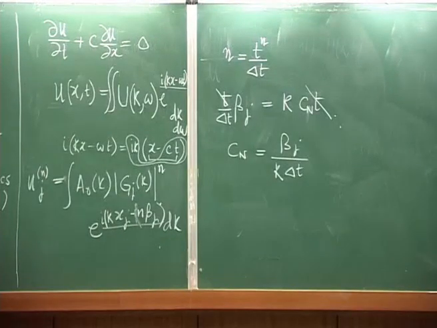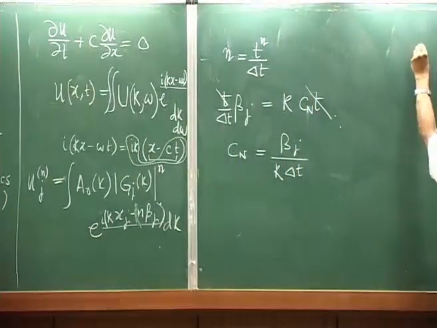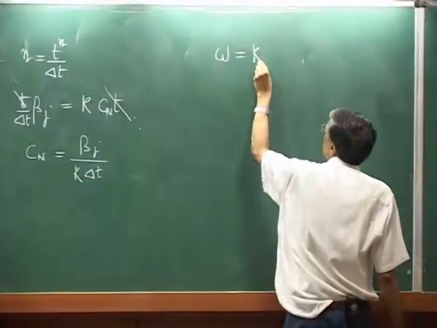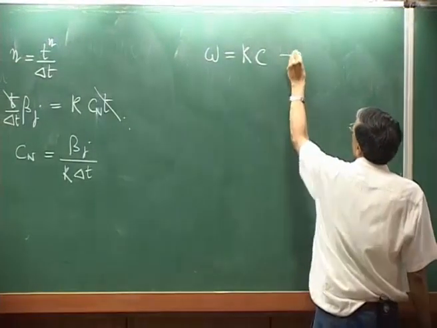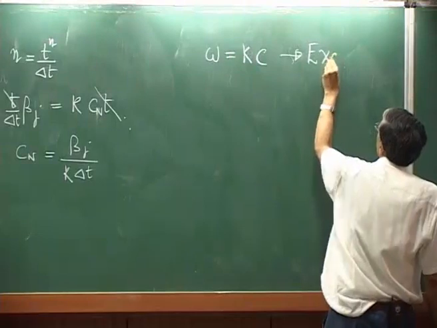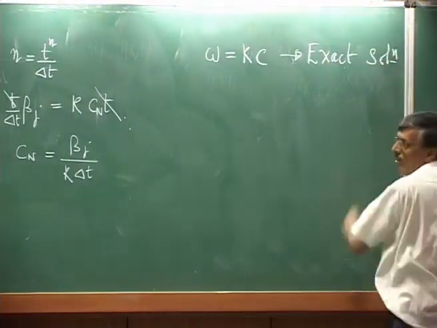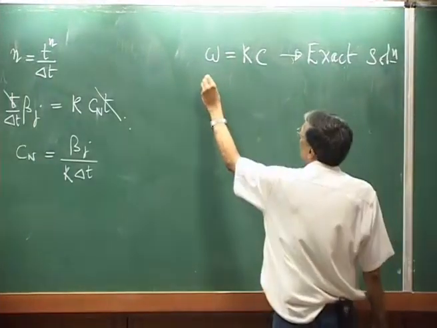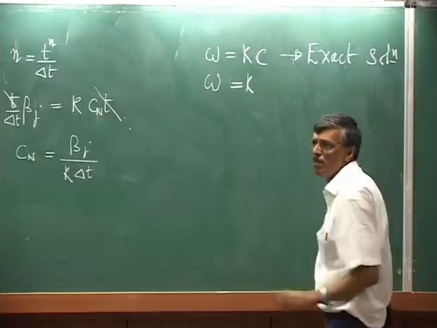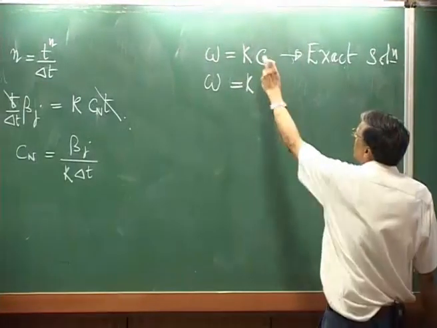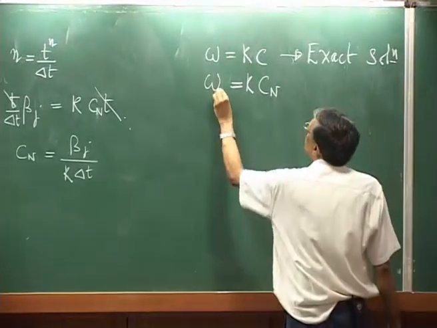Right. Okay. From the exact solution, we have noted omega equal to k c, right. So, this is our exact solution, but numerically what we are doing, k still is the independent variable, c does not remain the same, this also.